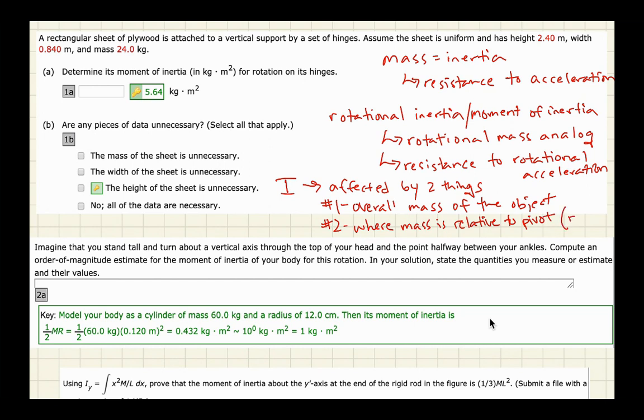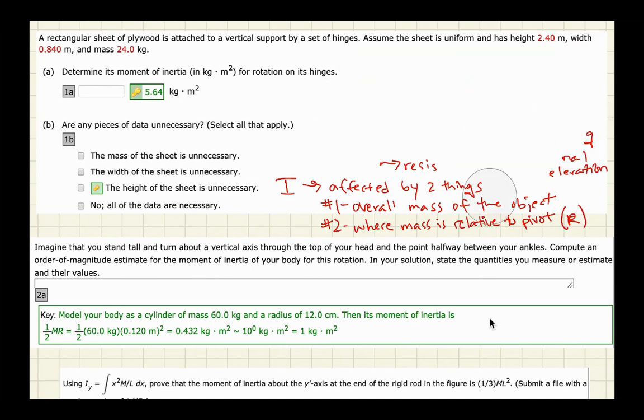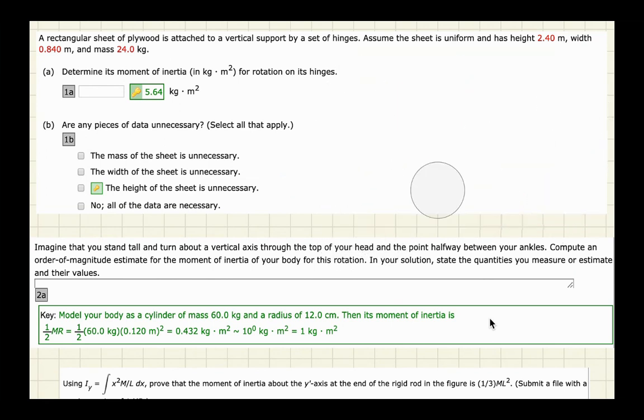And that's what we call R. Traditionally, for rotational inertia, moment of inertia, mass and R are represented with capital M and capital R, for some reason, maybe to differentiate them in a rotational context. So here we need to consider the overall mass of the object, and we need to consider the mass distribution relative to that pivot point.